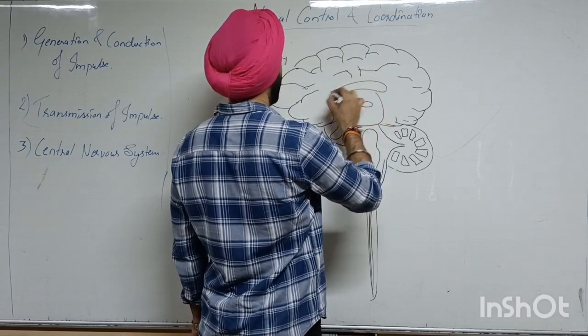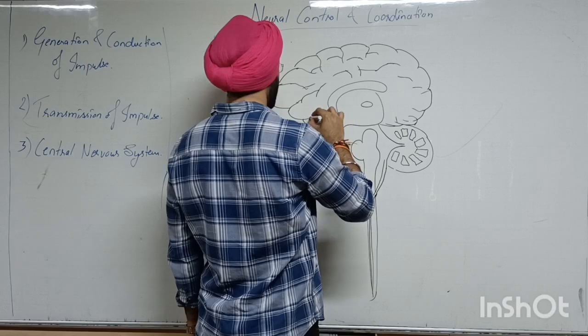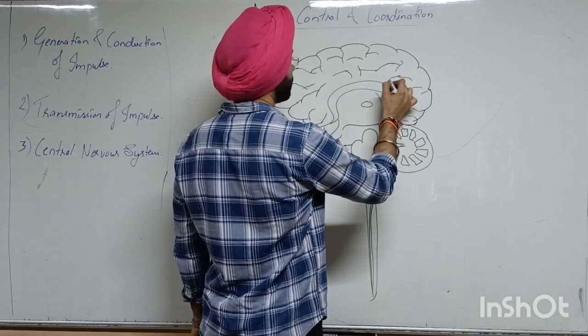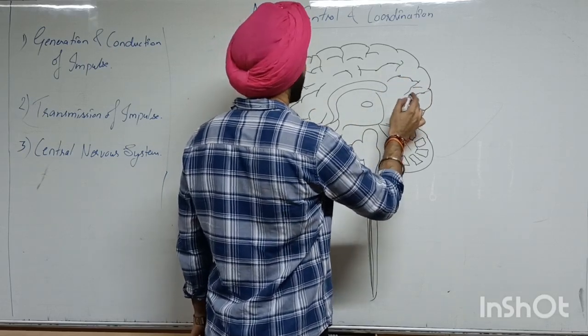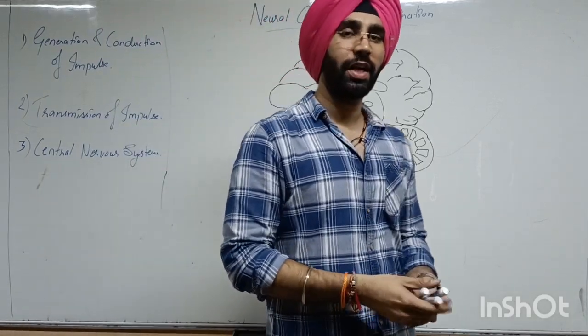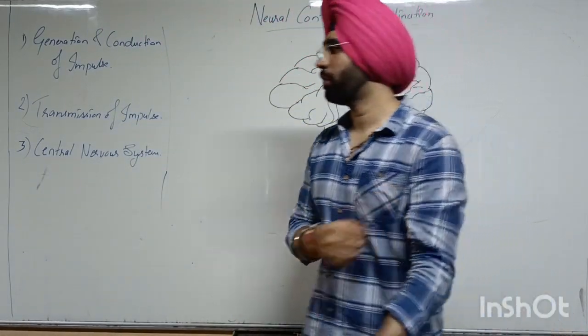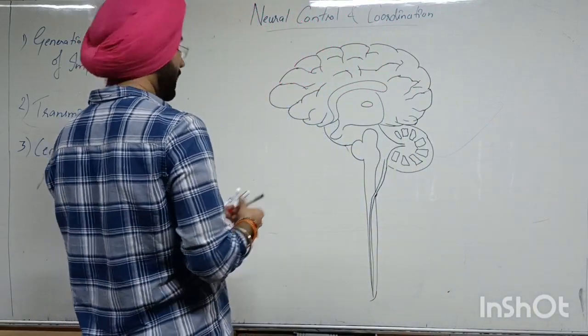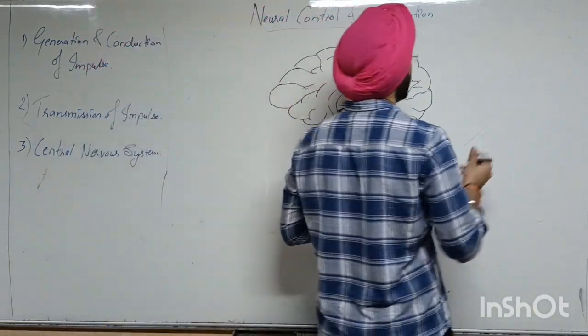You can see these are ridges. I am going to discuss the parts of the brain and which part performs which function. So first of all, I need to draw another one, like this.